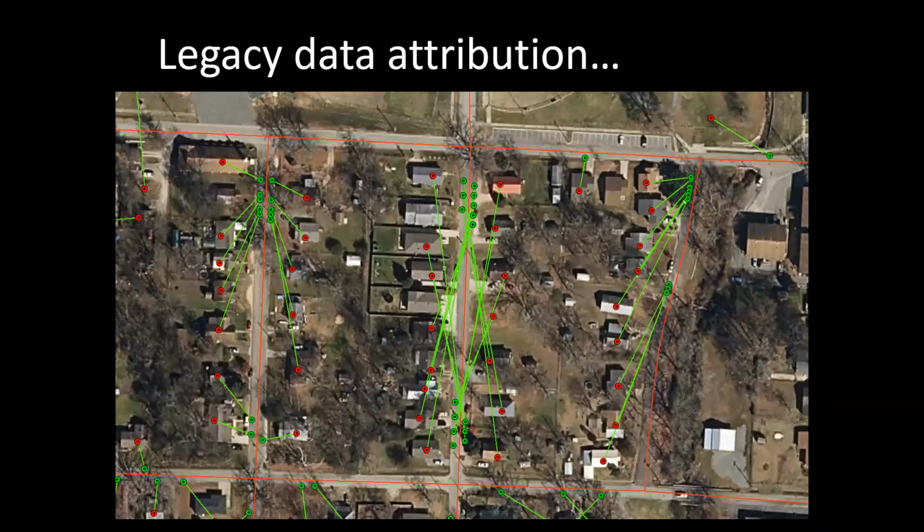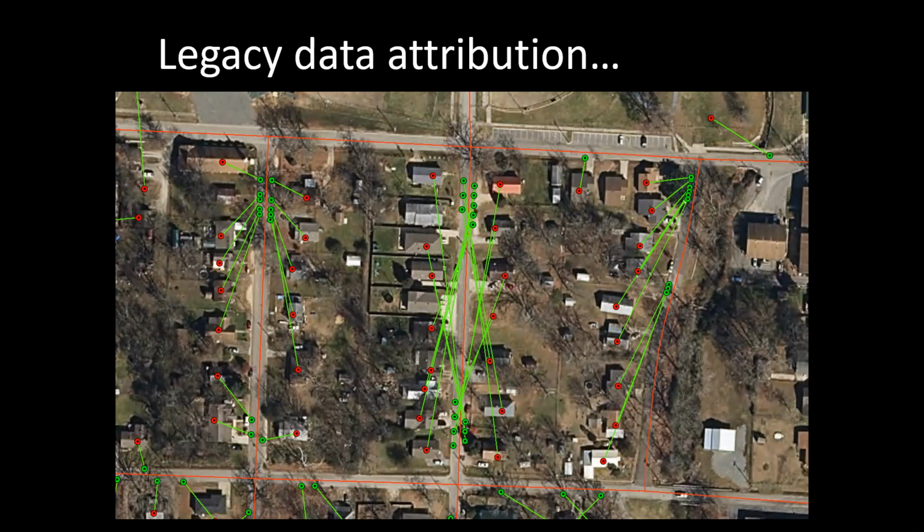The issue is that on the street to the left, you see those green dots, which are the geocoded points, bunching up on one end of the street, and the red dots are the actual verified address points. The reason those bunch up is that if the left and right address ranges that were input were 200 to 299, the actual on-the-ground addressing might only be 200 to 230. And so it forces those all to bunch up.